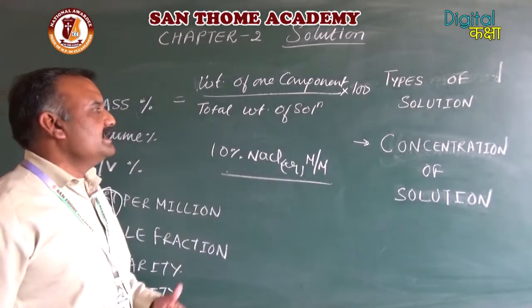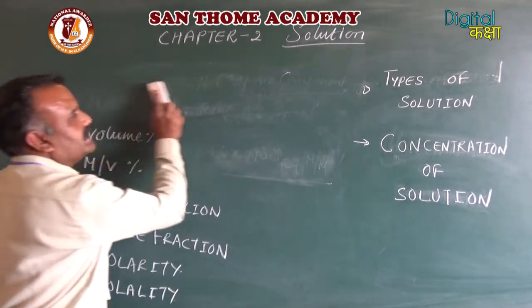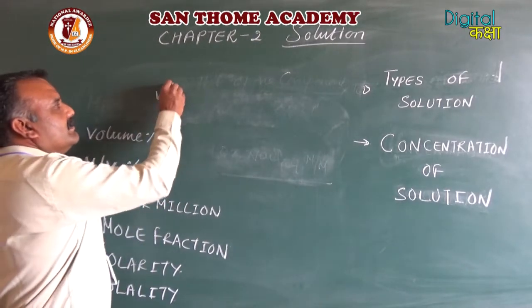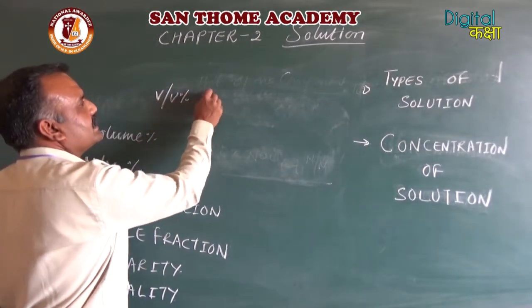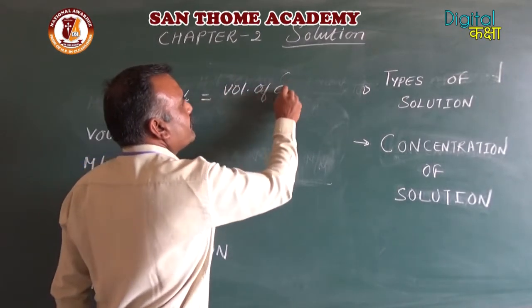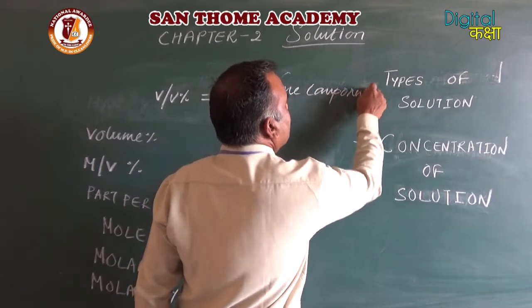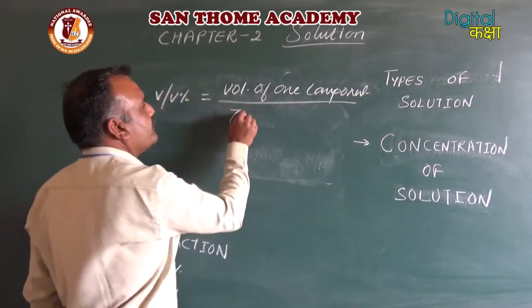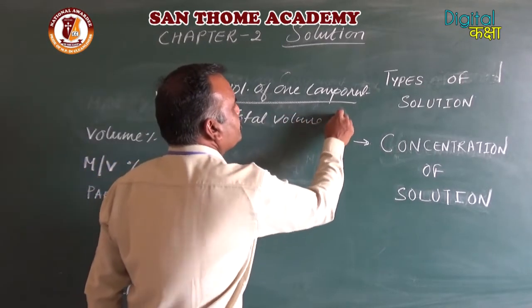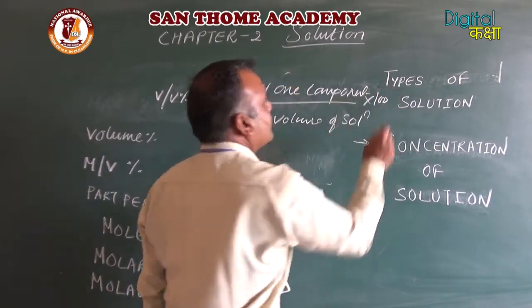Another way of expressing the concentration of the solution is volume percentage. Volume percentage, V by V percentage, is defined as the volume of one component divided by the total volume of solution, into 100.